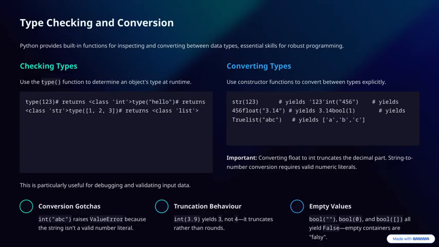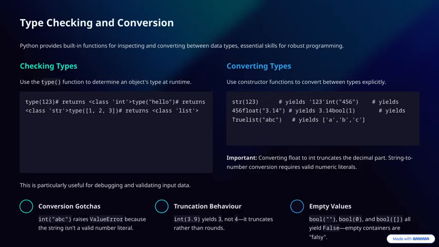Now, moving on to converting types. Python offers constructor functions like str, int, float, and bool to explicitly convert between types. For instance, str(123) gives us the string "123". Similarly, int("456") converts the string "456" to the integer 456, and float("3.14") turns the string into the floating point number 3.14.